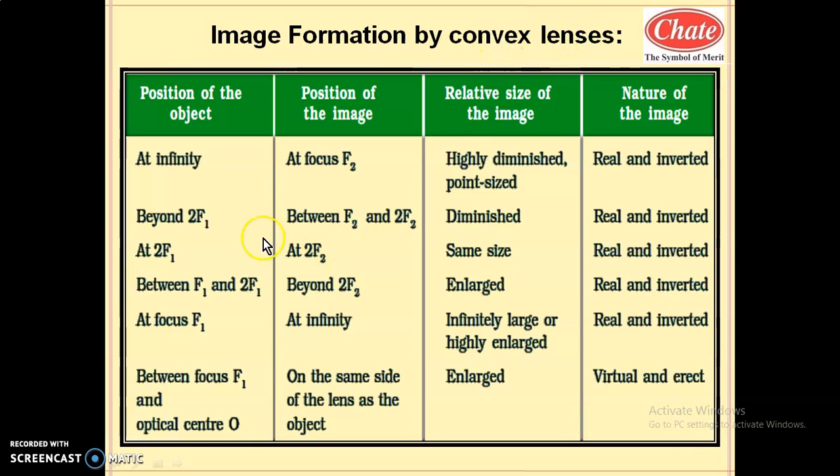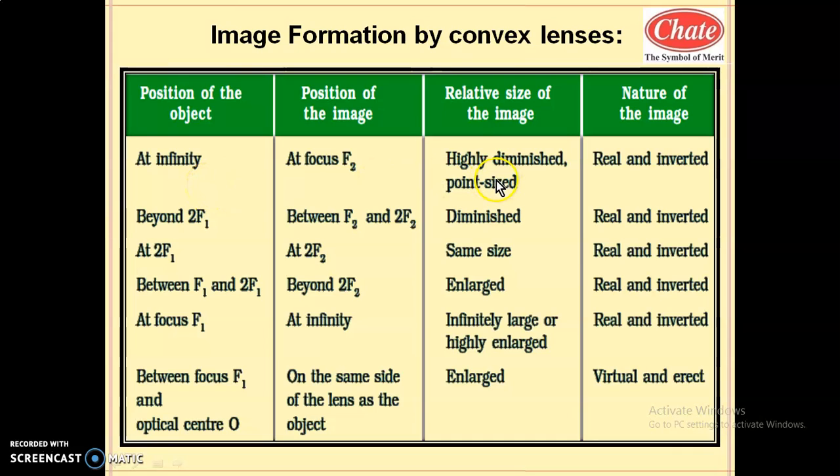For the concave mirror we studied six cases, and similarly here. Now take in front of you the diagram of the convex lens that I drew earlier. We have taken four points: C1 itself is called 2F1, then F1, then O, then F2, and 2F2 or C2.